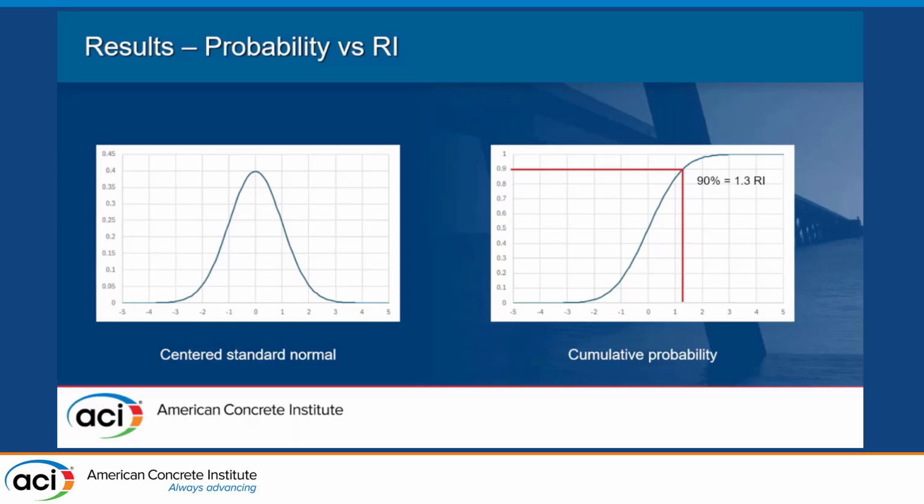The reliability index, generally for corrosion, is based on the centered standard normal distribution. If you draw the S-curve, you'll find that for a 10% probability of corrosion, or a 90% safe interval, you have a 1.3 reliability index.